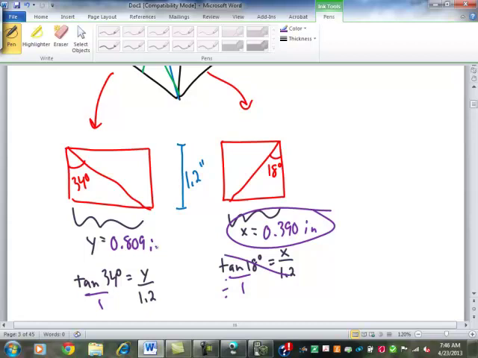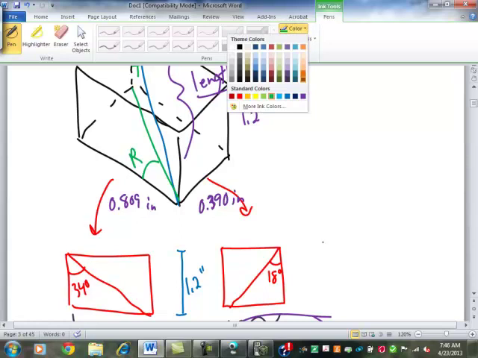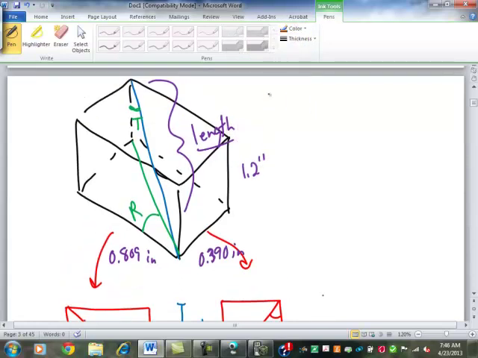Now that we have those dimensions, and the fact that this is 1.2 inches thick, now we can find all the other stuff we've been asked for.